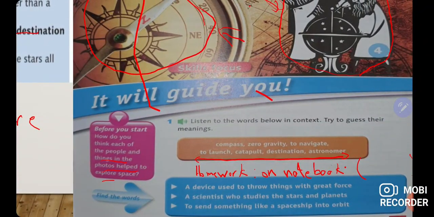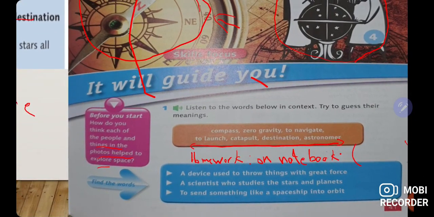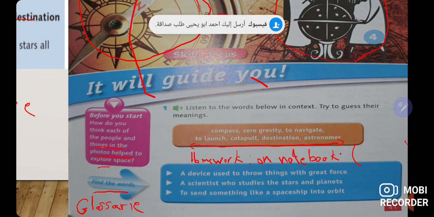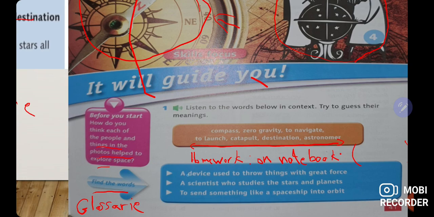And now, next, I need you to go to the glossary to abstract the words that are related to these meanings. These meanings are related to one word. I need you to abstract them from the glossary.